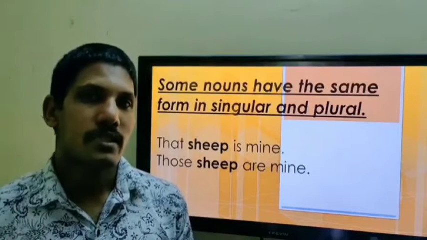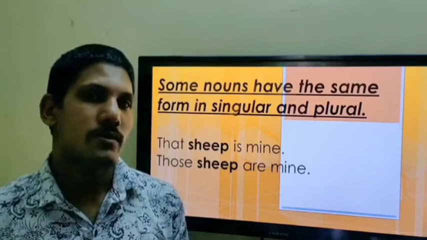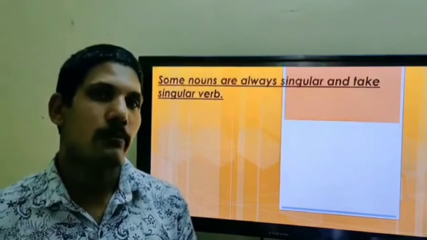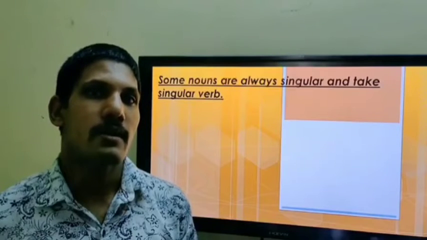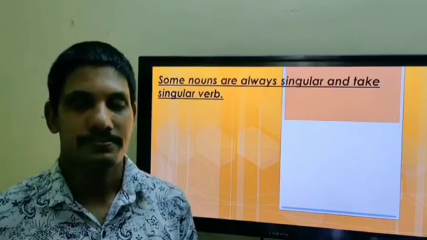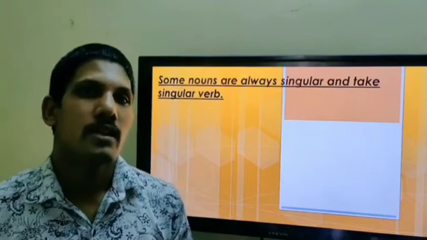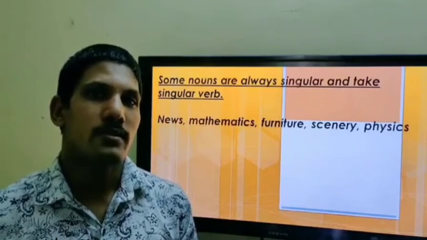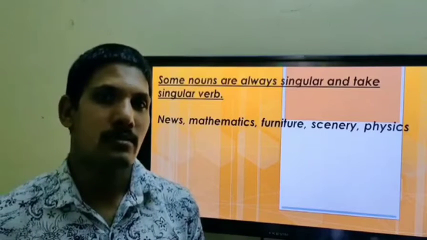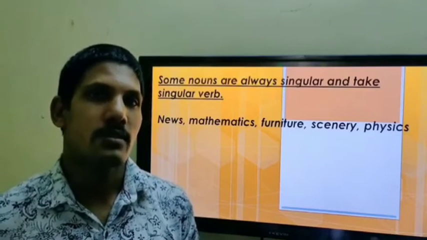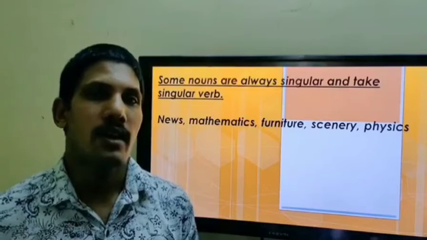Now let us see some of the nouns that sound like plural but are singular and take up singular verbs. Here we have certain words like news, mathematics, furniture, scenery, and physics.